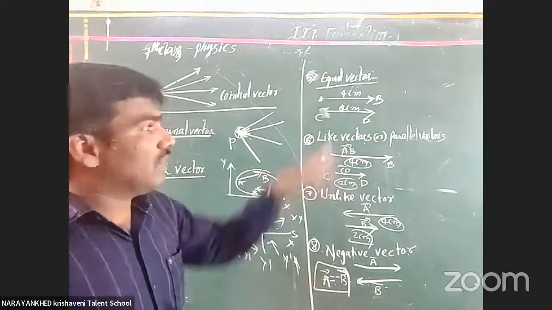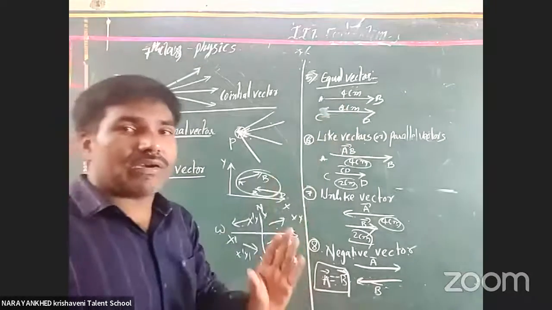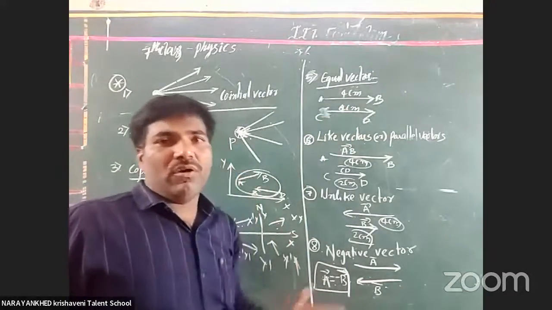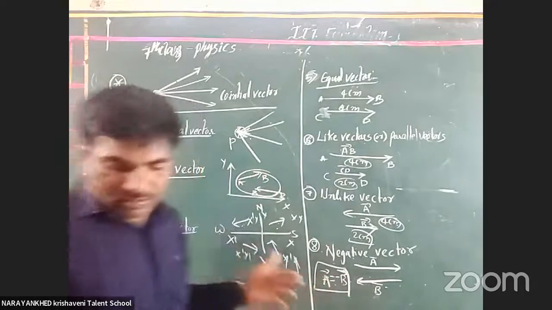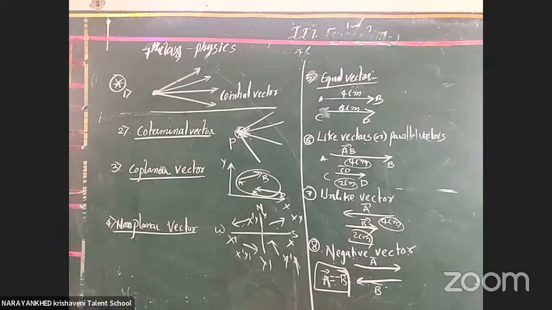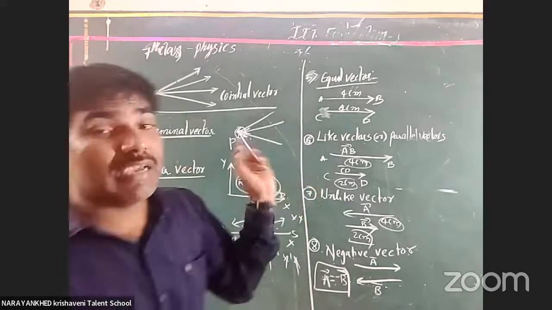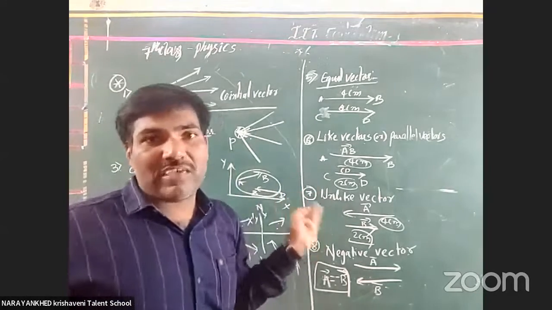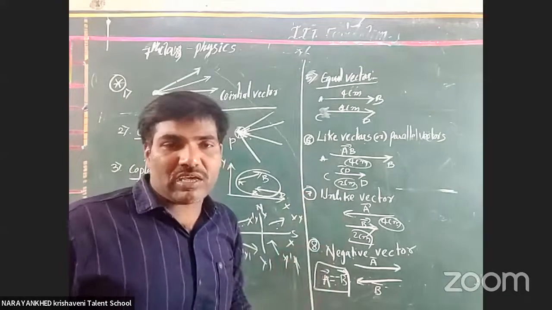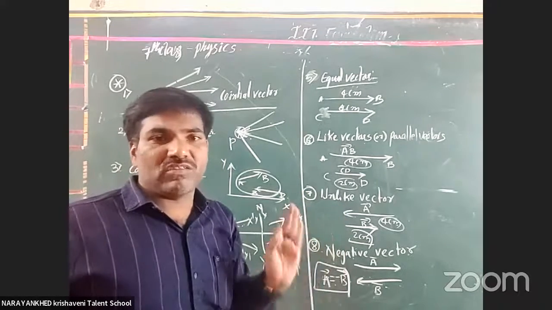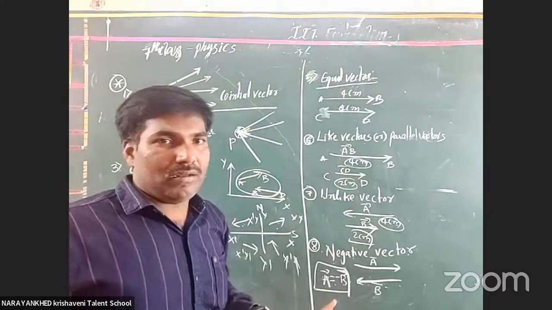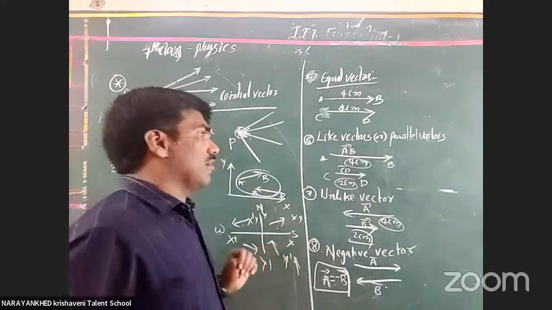At that time they are called equal vectors. The magnitude should be the same, and the direction also should be the same. Got it? That is called the same vector.